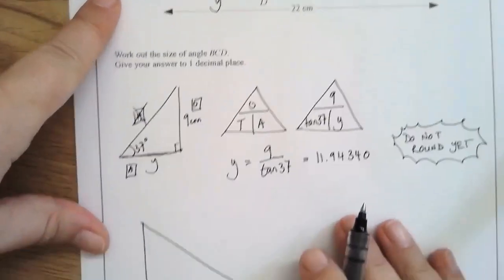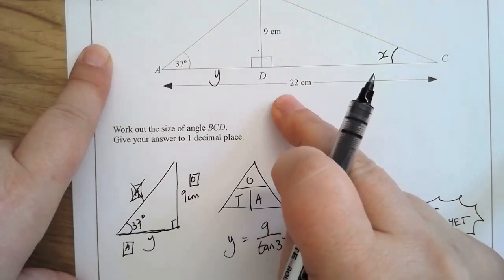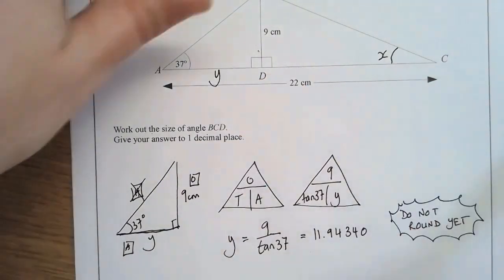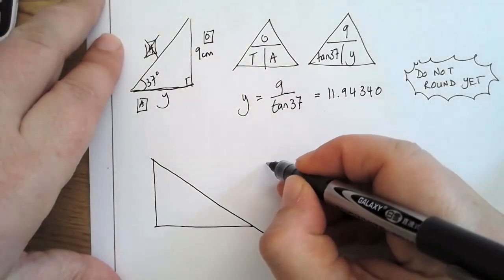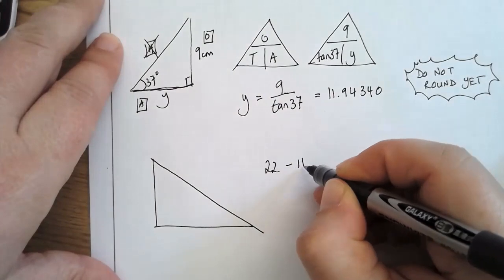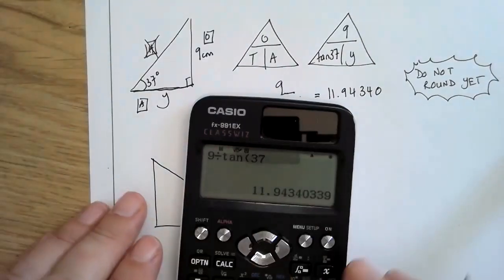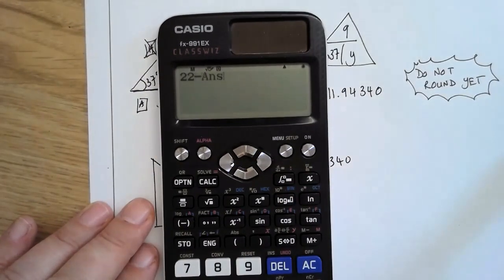In fact, before I do that, I'm just going to have a look back at this. 22 centimeters subtract 11.9 gives us that length here. So this length here is 22 centimeters subtract... So I'm going to leave that in, and I'm going to do 22 subtract answer.